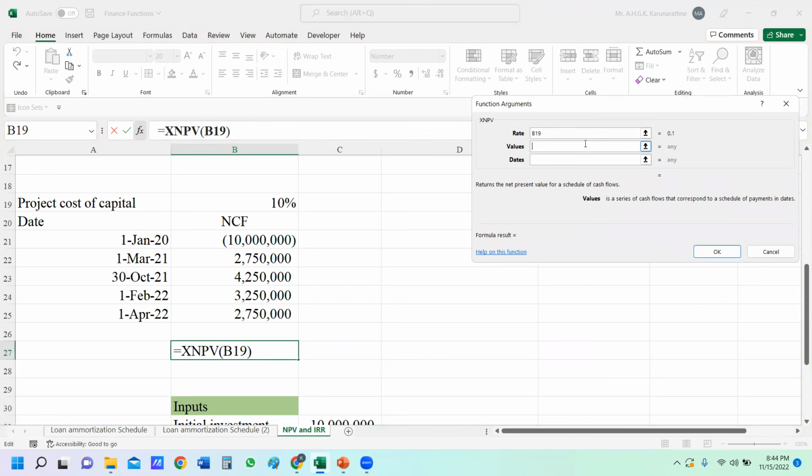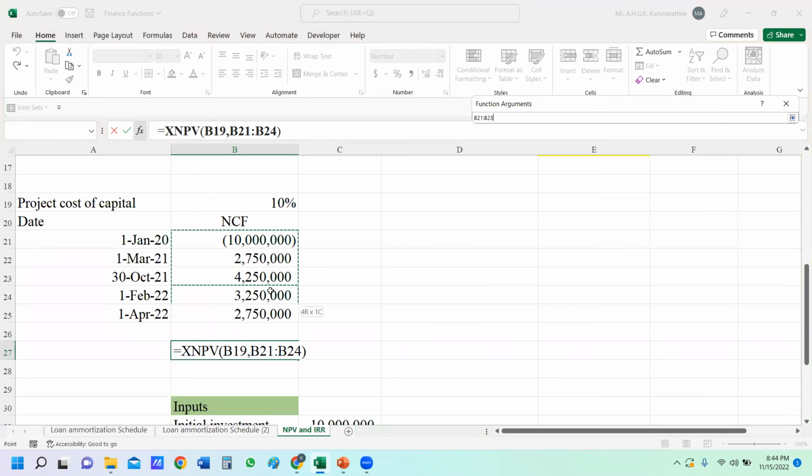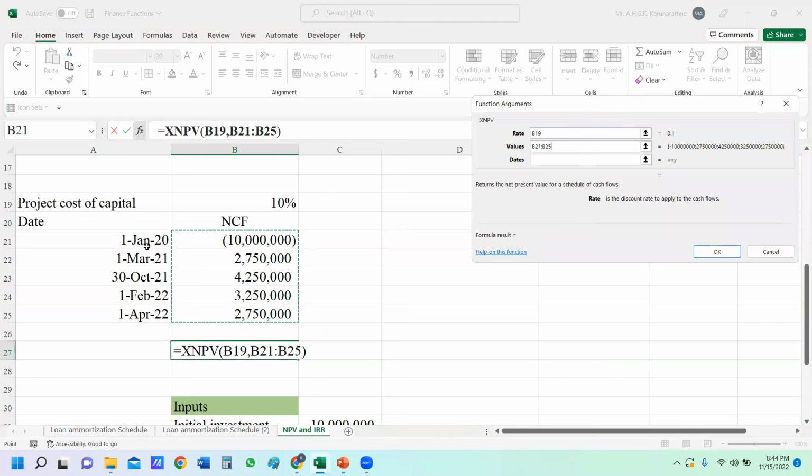It is very easy because there is no need to differentiate your initial outflows and the other cash flows. All the cash flows can be given, because we give the dates, so Excel can recognize, right? With the dates, Excel can easily recognize what is the initial investment and what are the other cash flows.